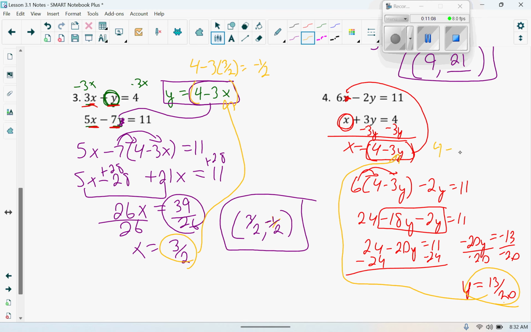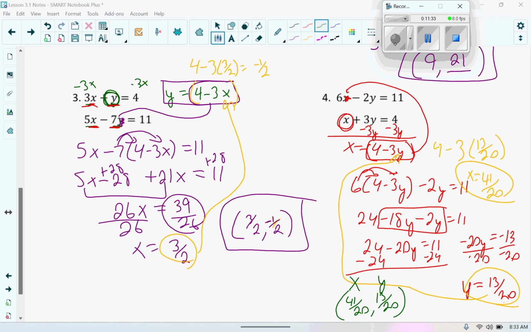So I'm going to say 4 minus 3 times 13 over 20, and I end up getting 41 over 20, and that's going to be my x. So I'm going to put this together. So my final answer is going to be 41 over 20, comma 13 over 20. So make sure you're always doing x, then y. And that's it, guys.